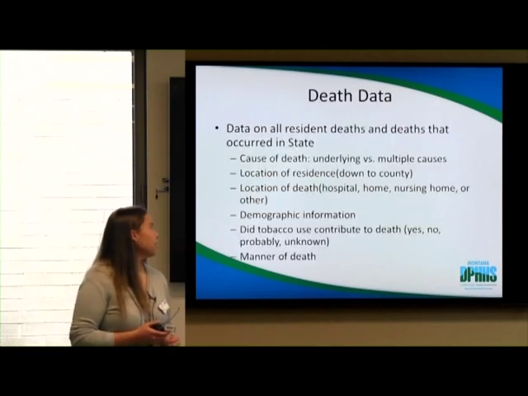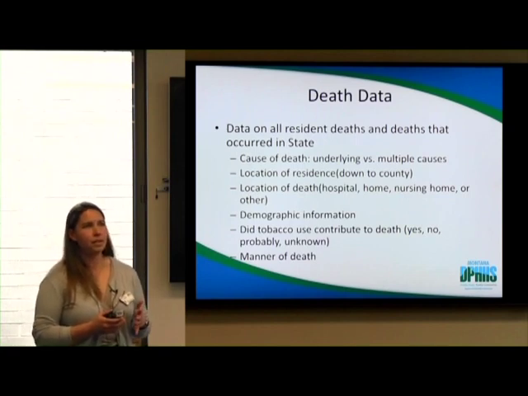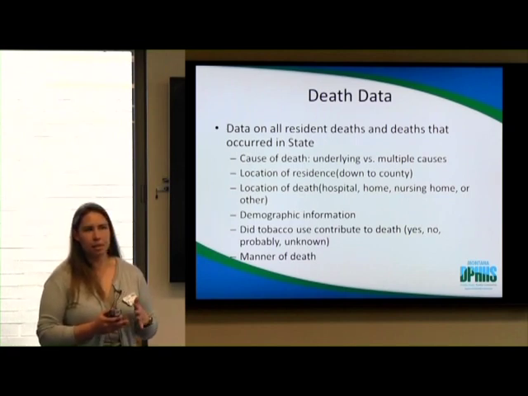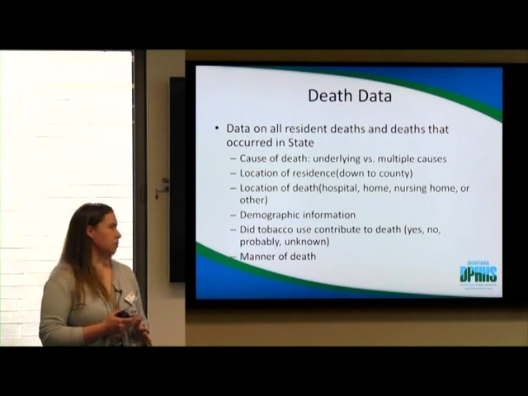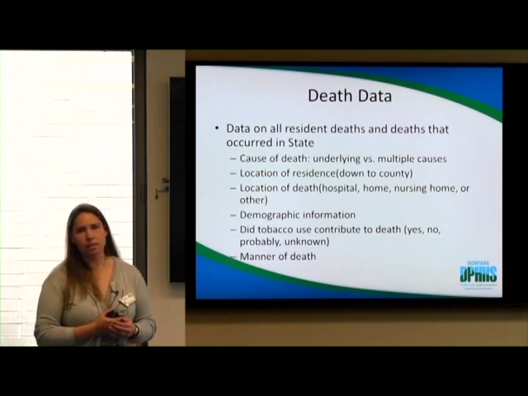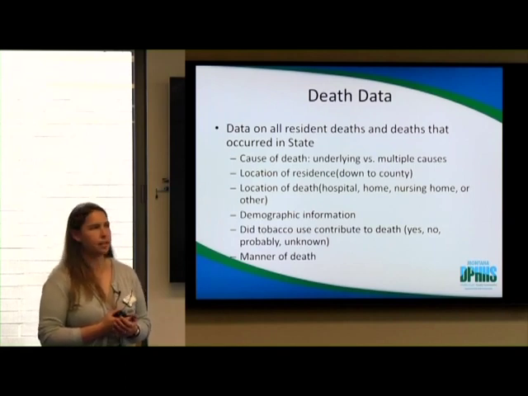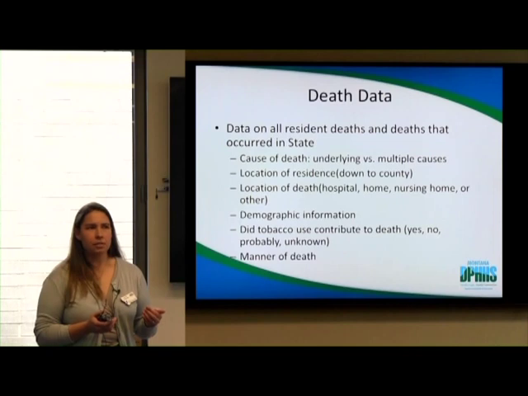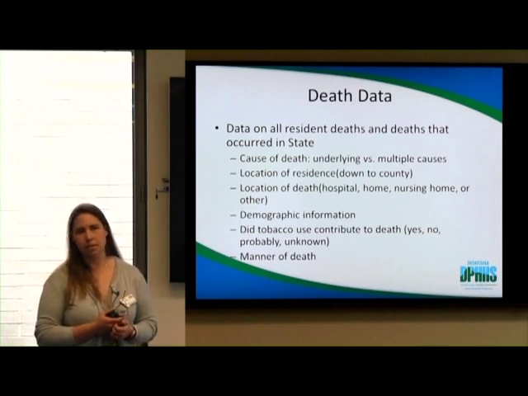Like Heather was talking about, vital statistics refers to the death certificate data, birth records, marriage and divorce records, and I believe the abortion records. And they have access to the death certificate related data. It's basically all the information that comes off of the death certificate.